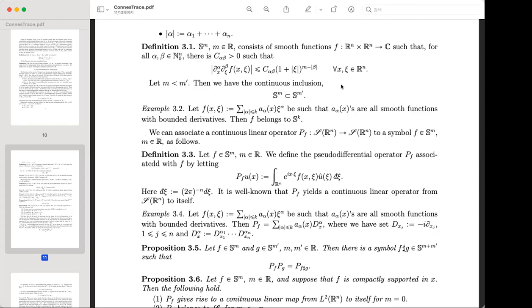This is the most common choice of a symbol space in the theory of pseudo differential operators.